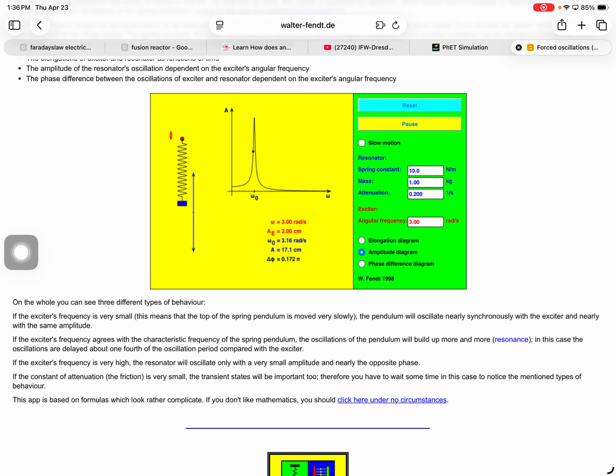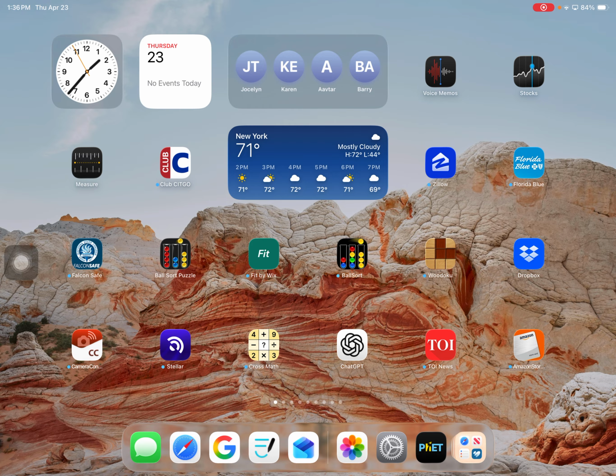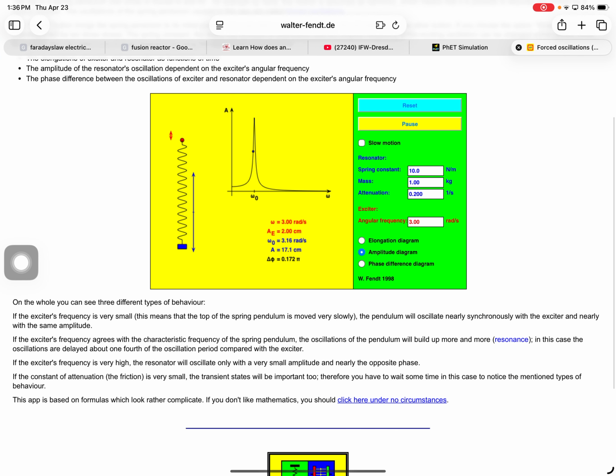Even if I give a little push, if I give the child a push at the right time, I'm putting energy in at the right time, and that energy can build up. If this were a bridge, you can say goodbye to it. If this were a tall building, you can say goodbye to it. And this really happens. You guys must have seen.